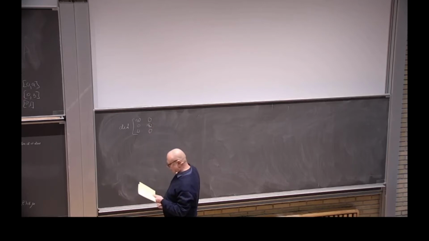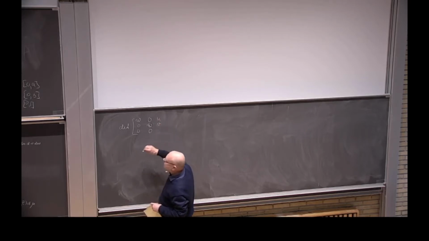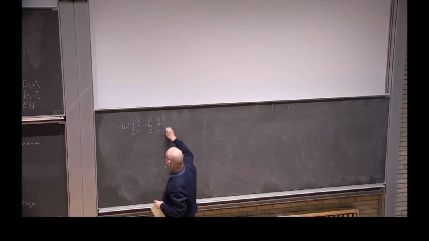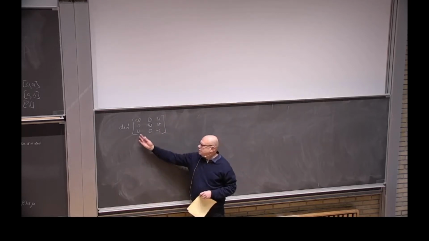And finally, when I differentiate with respect to W, I get U, V, and then I get minus C. So this is this matrix, and I have to find the determinant.